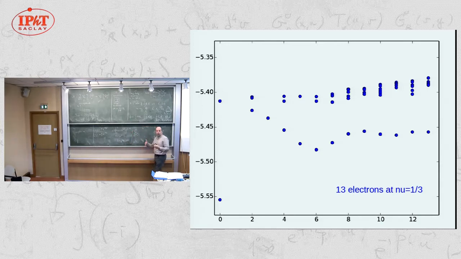I will forget about the normalization of these wave functions. It's not that important. And you see that there are 2S plus 1 states, which means N phi plus 1 states, where N phi is the number of flux quanta through the sphere.